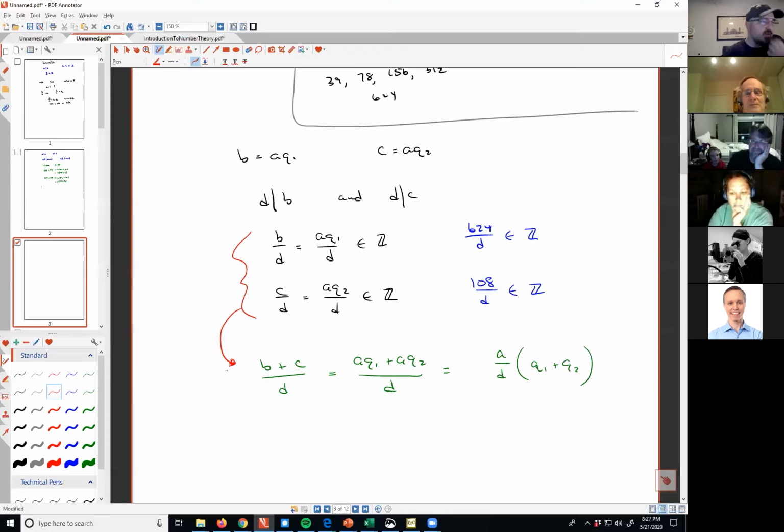And so we've added two integers together, and then we've substituted according to this expression of multiplicity of A. We've substituted, and then we rewrote things in this other form. And what we know is that if D is a divisor of A, then this thing is an integer.